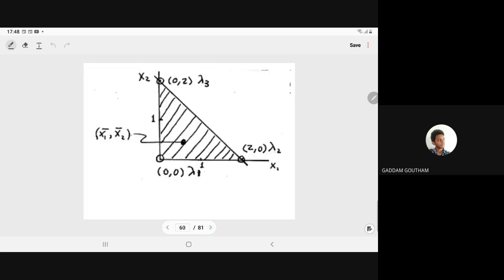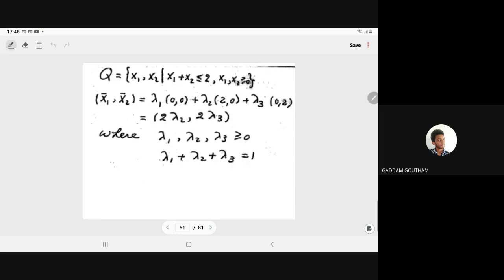So we take any point x1 bar, x2 bar. When we take the convex combination, x1 bar, x2 bar is equal to lambda 1 times 0 comma 0, plus lambda 2 times 2 comma 0, plus lambda 3 times 0 comma 2. That will give you 2 lambda 2 comma 2 lambda 3, where lambda 1, lambda 2, lambda 3 are greater than or equal to 0 but not more than 1, such that lambda 1 plus lambda 2 plus lambda 3 is 1.